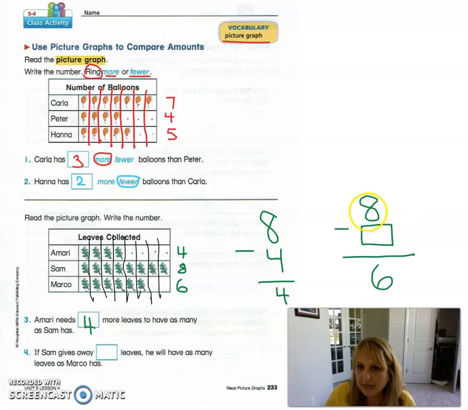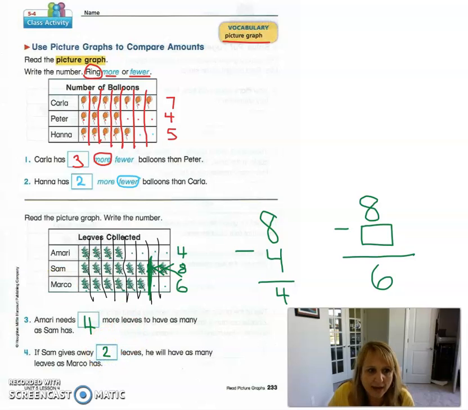Well, we could do this, 8 minus how many equals 6, or we could just look at the empty boxes that Marco has. If Sam gave away this leaf and this leaf, then he would have the same amount as Marco, right? So how many leaves would he have to give away? 2 is correct.